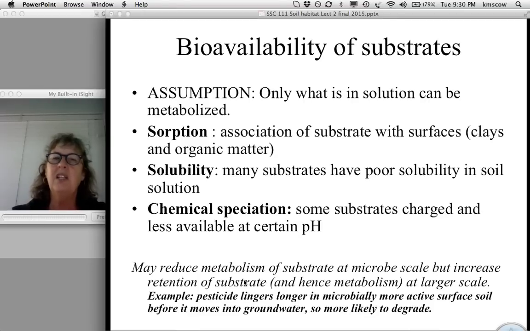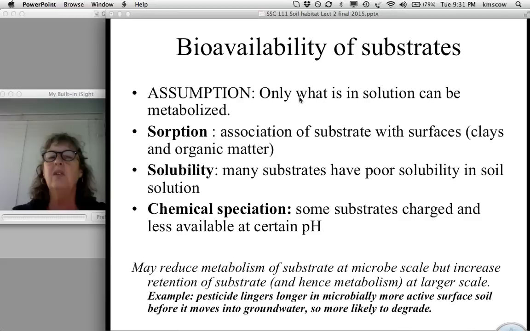So the assumption is that when we're looking at compounds that microbes use or that are toxic to microbes, only what is in solution in the water phase is what can be metabolized or taken up by microbes.